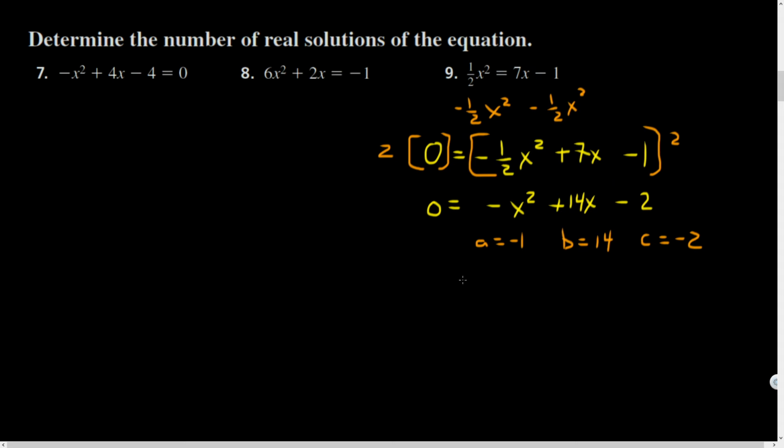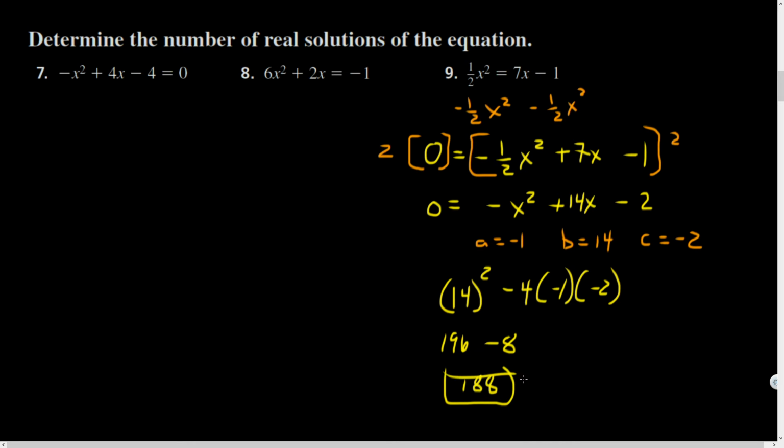So b squared minus 4 times a times c: 14 squared, I think, is 196. Negative times a negative times a negative. There were 2 that would pair to be positive, but 1 left over. And 4 times 2 is 8. And that looks like 188. Therefore, if that's the value of the discriminant, that tells me there are 2 real solutions.